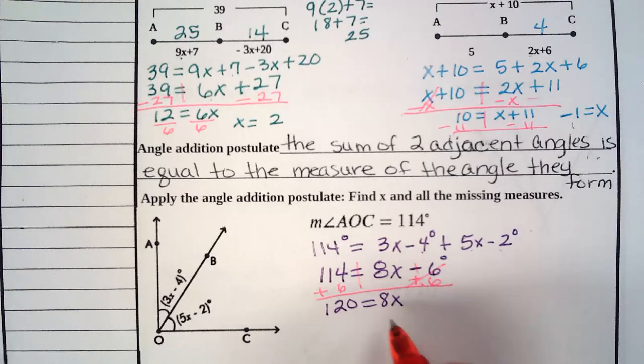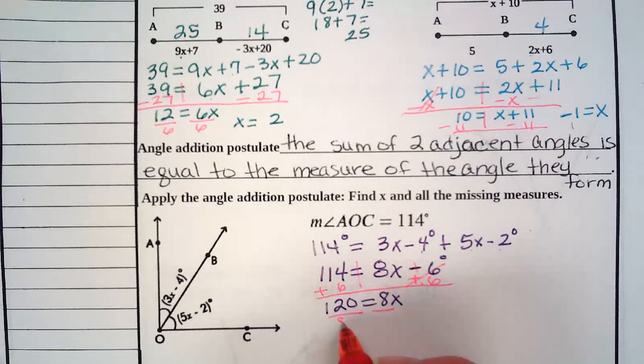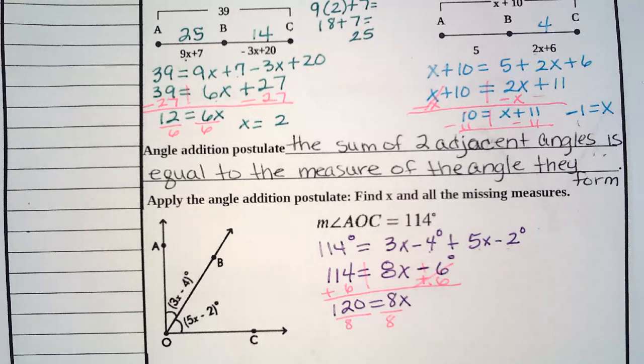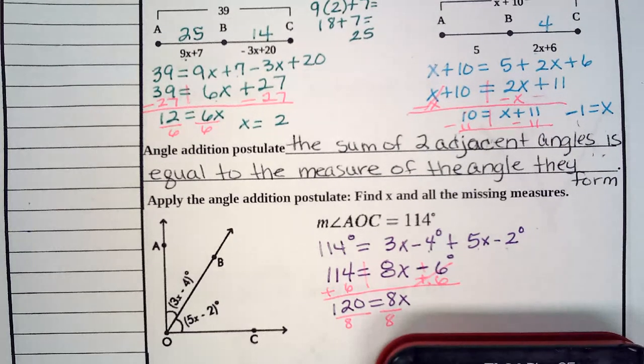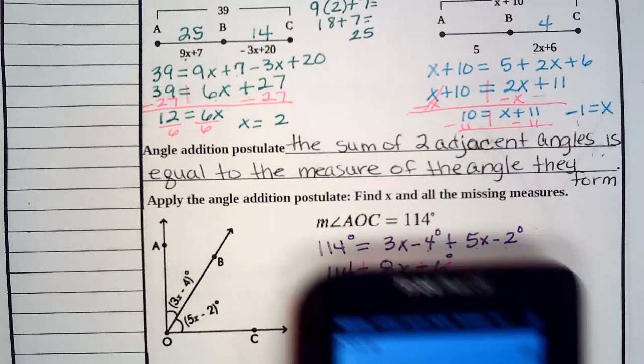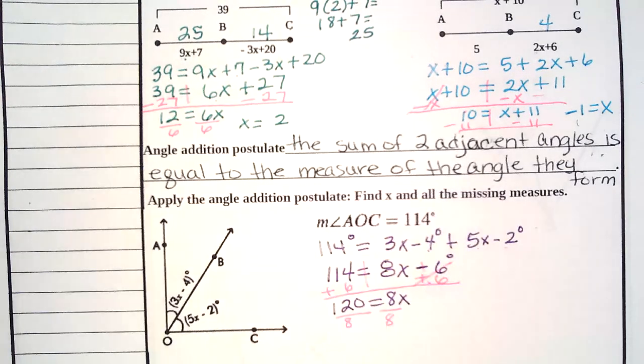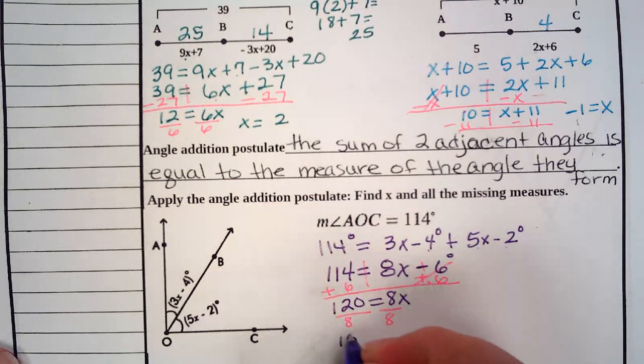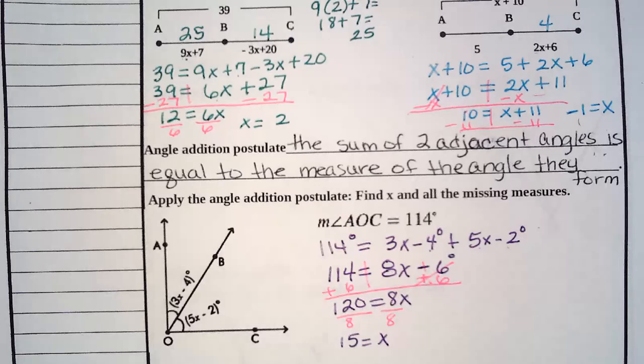Now I divide both sides by 8. 120 divided by 8 gives me 15. So 15 is equal to x.